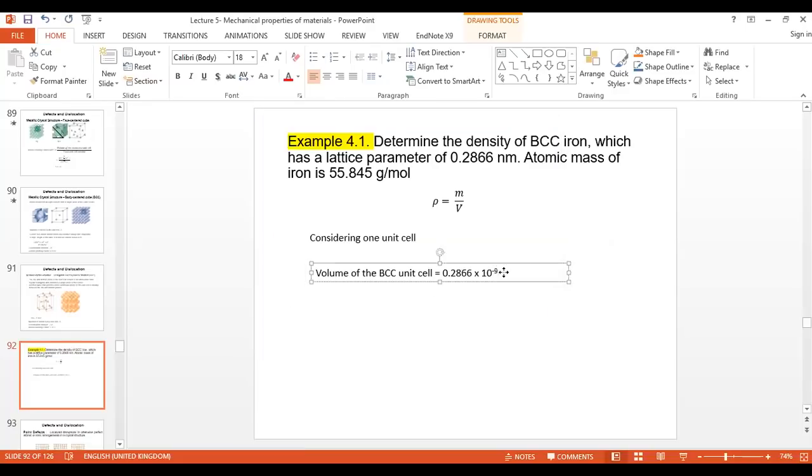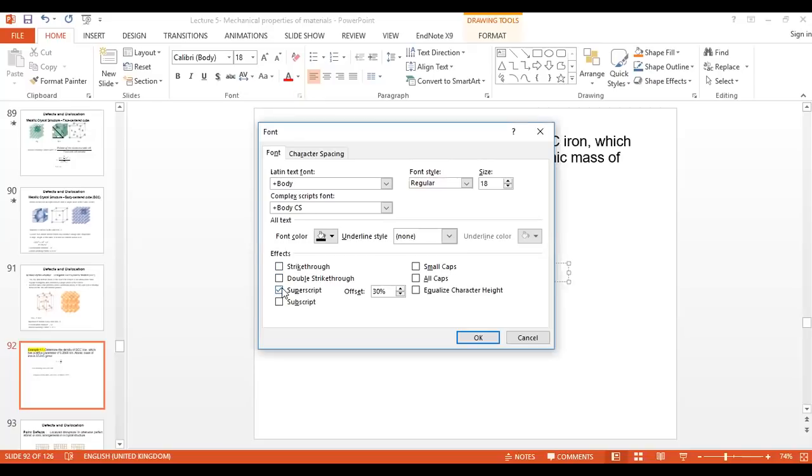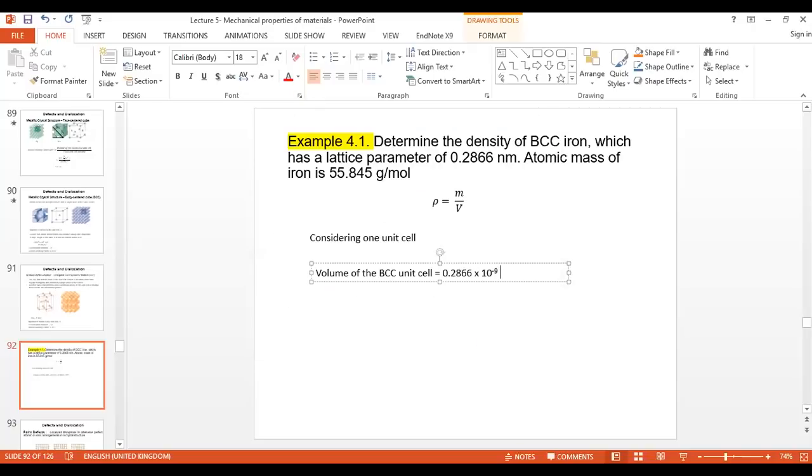Okay, then this is the one side, the length, right? So you have to cube it to get the volume of a BCC cube.